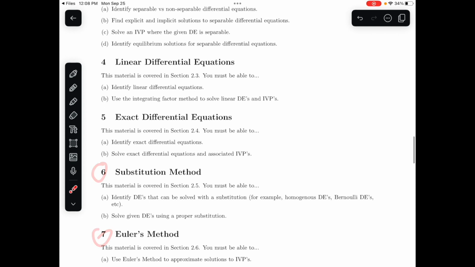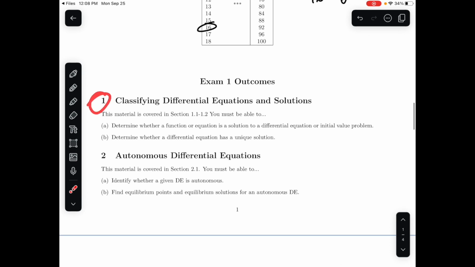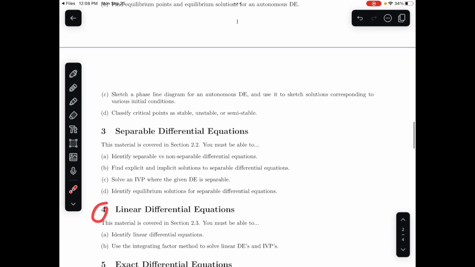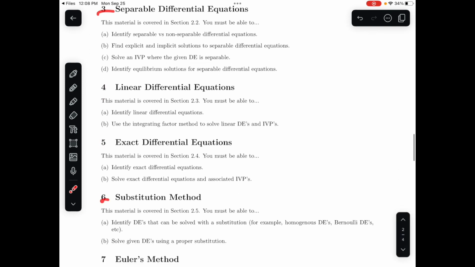Make sure you really know what's going on with the ones you want to prioritize, 1, 2, 4, and 5, and have an idea on the other ones, so that if you have extra time on the exam, you can at least give those an attempt and get a little bit of feedback for future attempts.